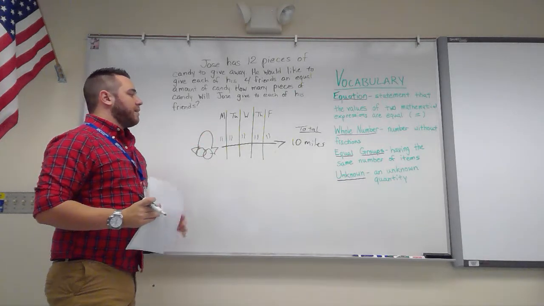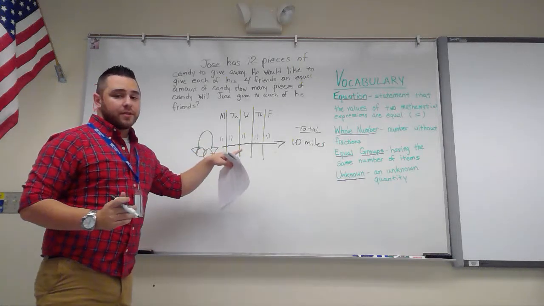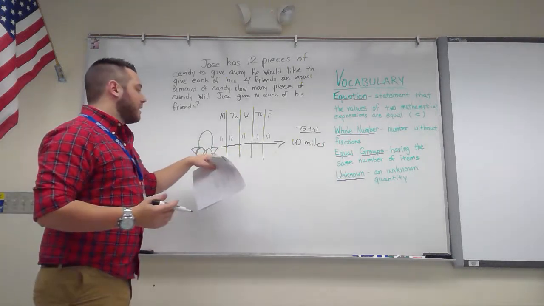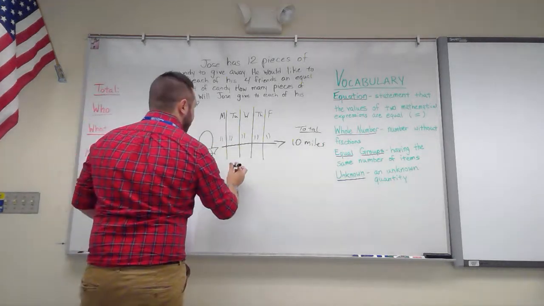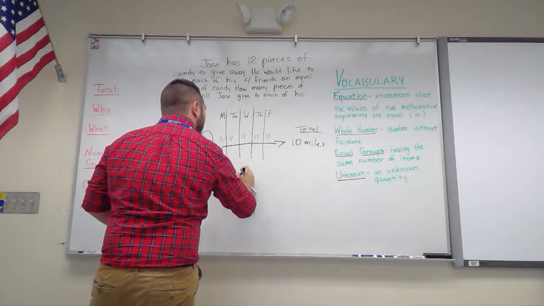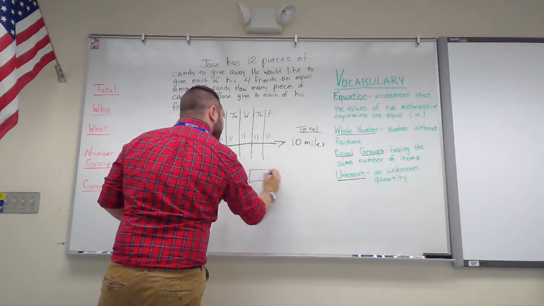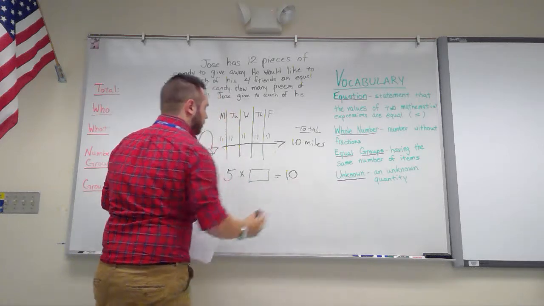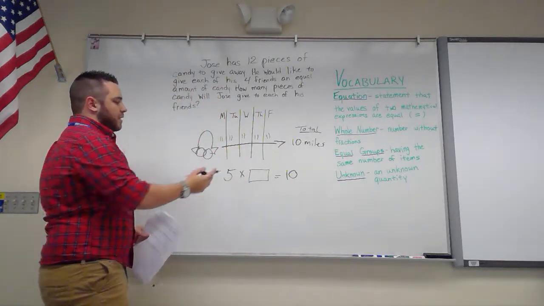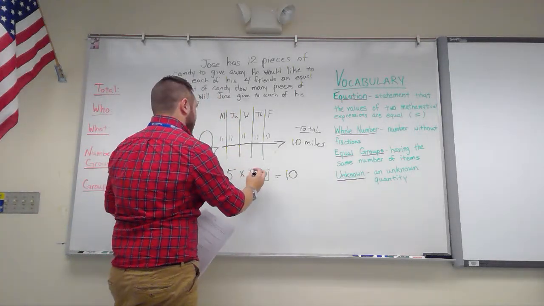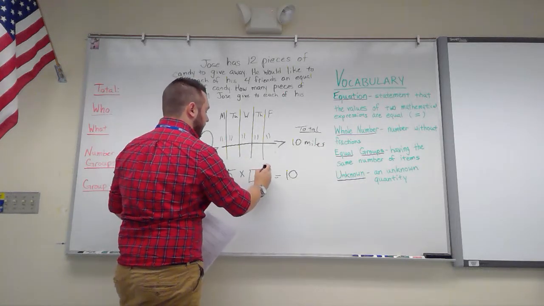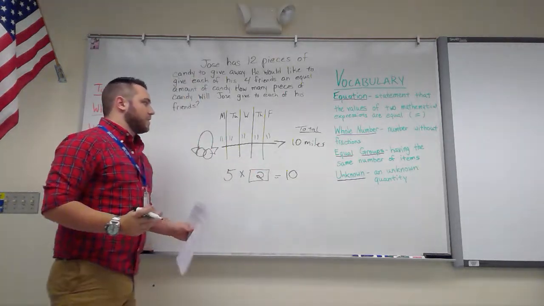If you count those, you can do repeated addition to figure out that that does equal 10. But again, we were working on multiplication, so the equation would look like this, and we're trying to figure out the group size, which was the total miles Mr. Smith drove each day, which is 2.